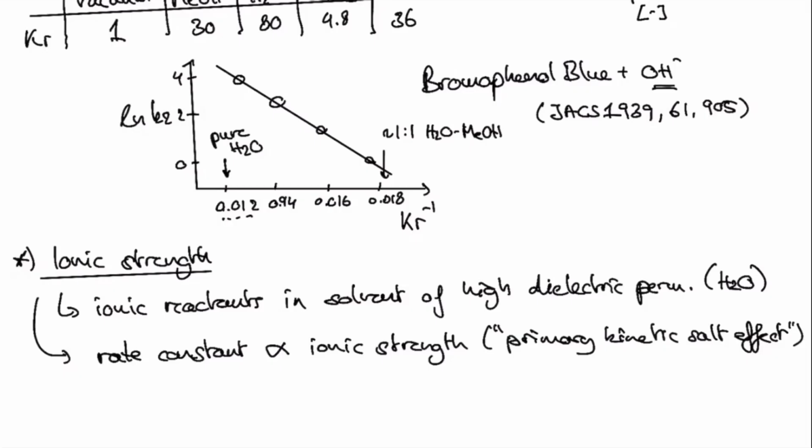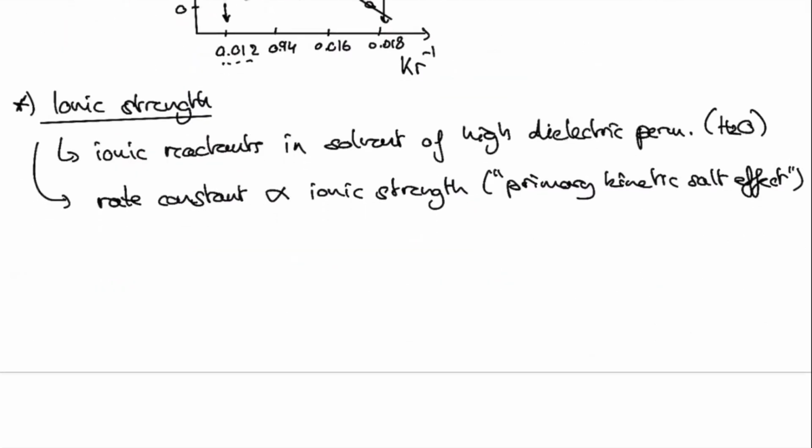I'm not going to derive the whole thing, I'm just going to give you the result. If we take log 10 of k2, it will be the log 10 of k2 naught, again, the rate constant in absence of salt.